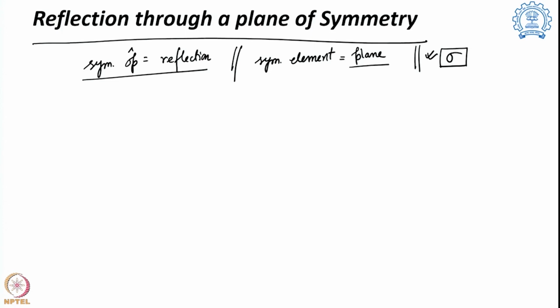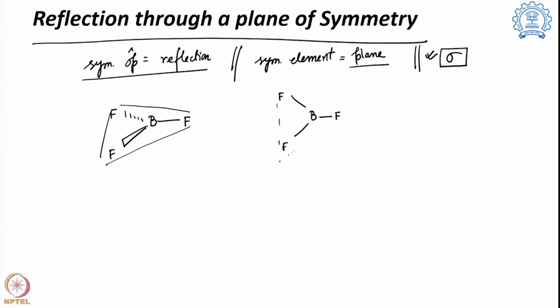Now, again, how to find it out? We are going to take some examples, starting again from BF3. In this BF3 molecule, do I have a plane of symmetry? The answer is yes. This molecular plane itself is a plane of symmetry. If I draw that again with a 90 degree rotation, I get this molecule with the plane of the paper where the molecule is situated.